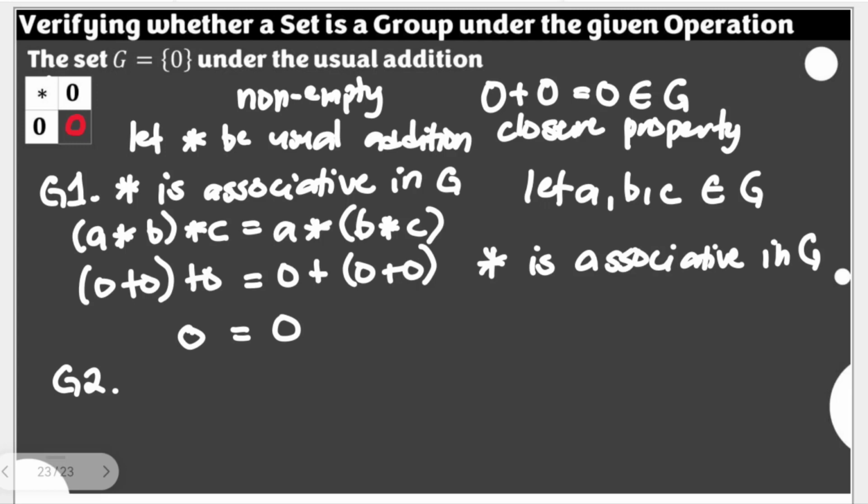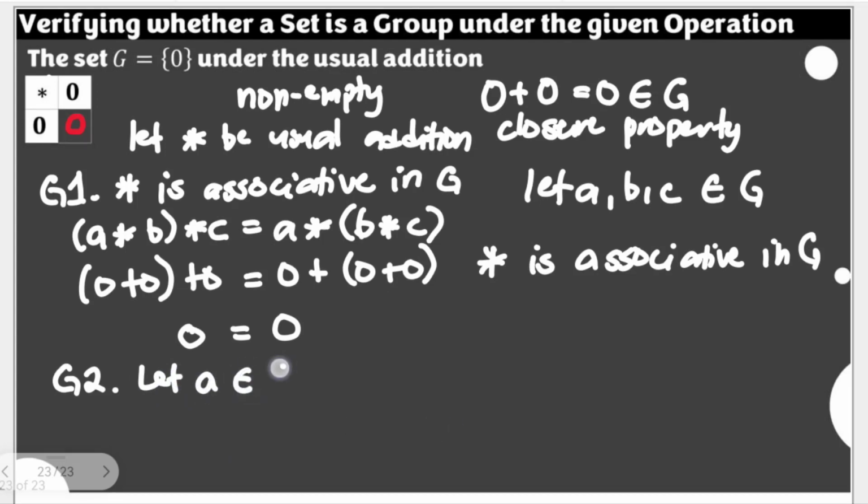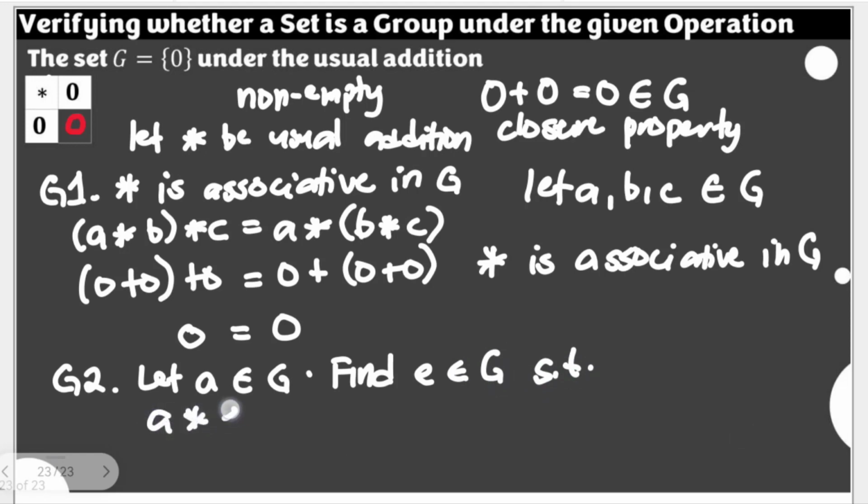It's very obvious here, but just for practice, let A be an element of G. We need to find E, also an element of G, such that A star E equals E star A equals A. This is true for all A element of G, though we only have one element here.